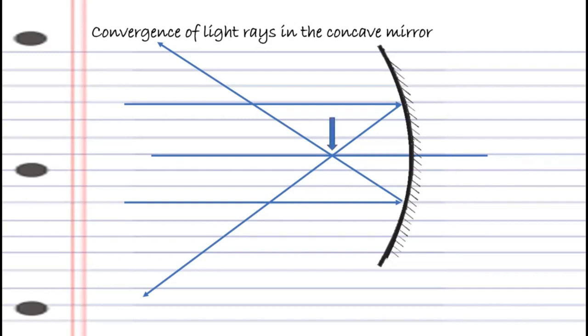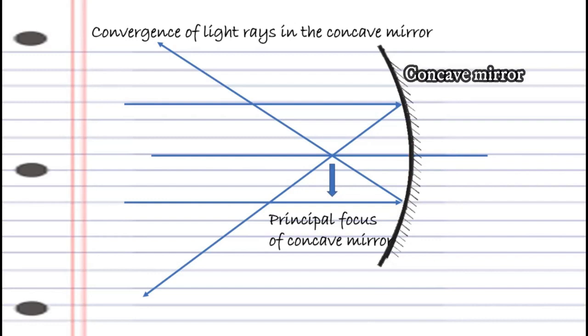The point where these two rays meet is called the principal focus of the concave mirror. This is the concave mirror. Remember this. This is a very important concept. So what is the principal focus of a concave mirror? The point where the light rays meet here on your screen. The center of the mirror here is called the pole.